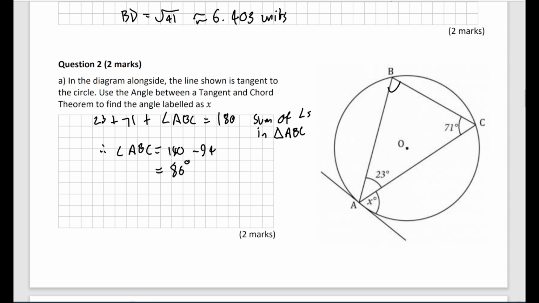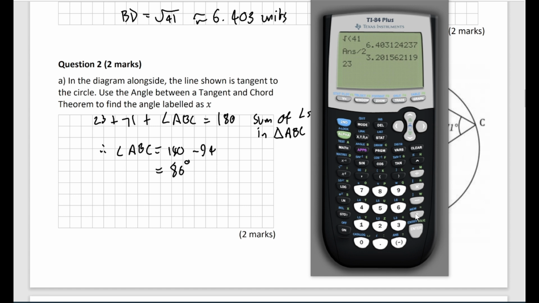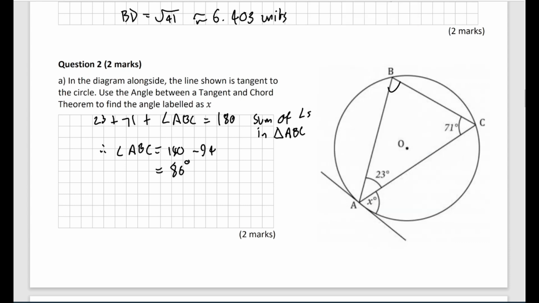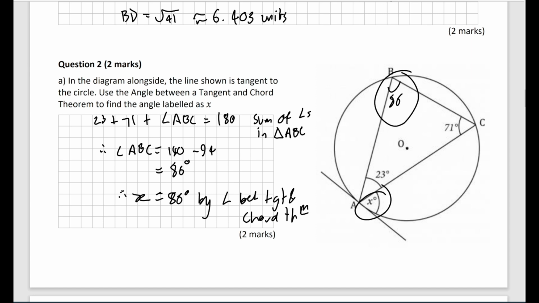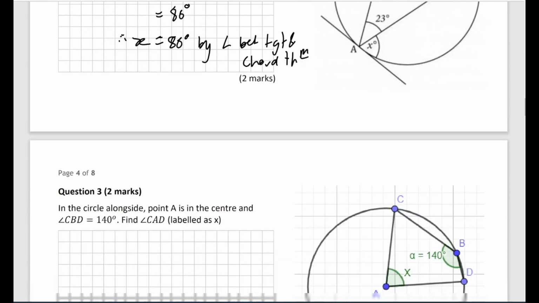Let's check that. 23 plus 71 I get 94, and 180 take 94 I get 86. Beautiful. Therefore, x equals 86 by angle between tangent and chord theorem. That theorem tells you basically that that angle there and that angle there are the same. All right, beautiful. Next one.